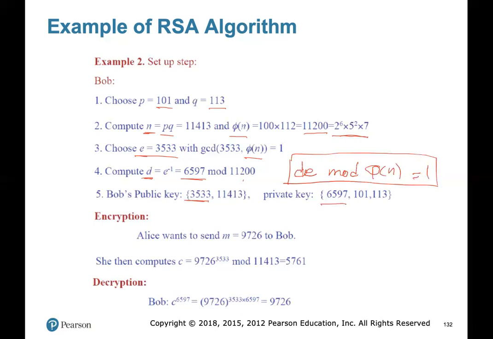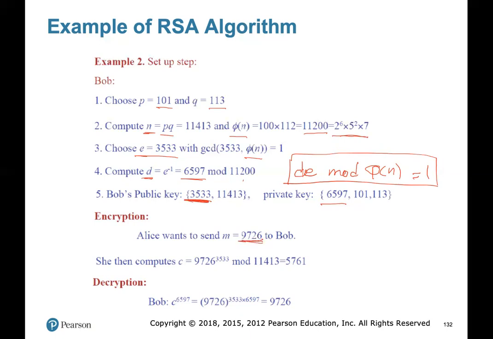And here Bob and Alice are swapped. Bob is the recipient. So this is a public key of Bob, and once Alice wants to send something to Bob, she uses Bob's public key. So the message we have, for example, let's say this is the message.